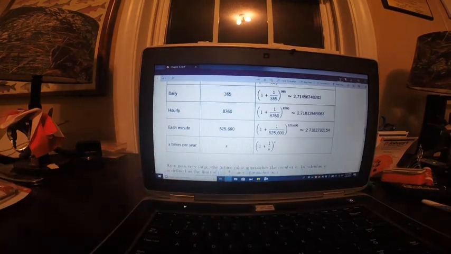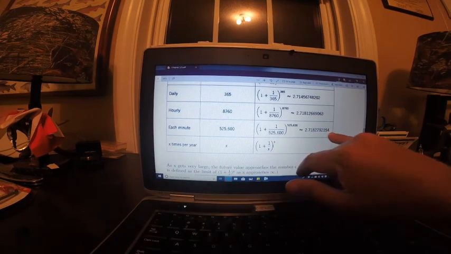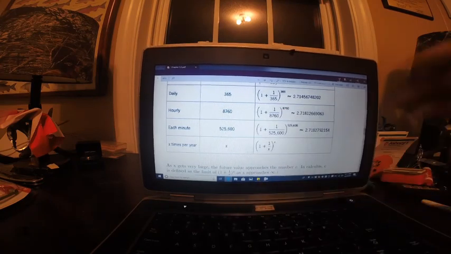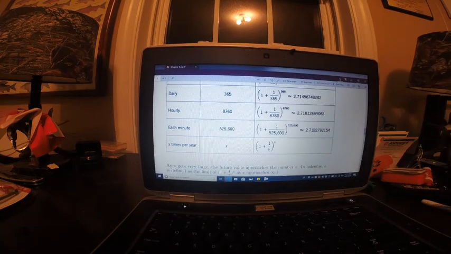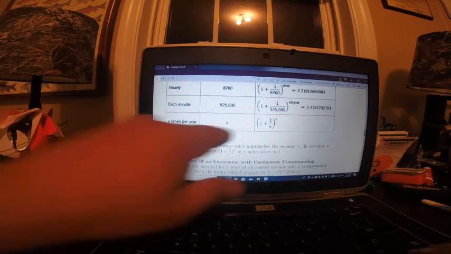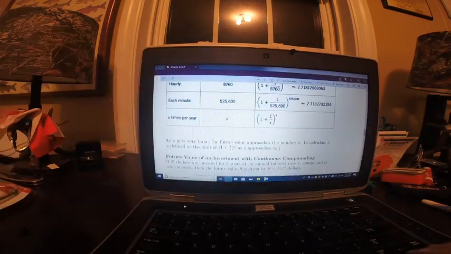So what you wind up getting is it basically settles out. Doesn't matter how large this gets. I won't say it stops increasing, because it does continue to increase, but it only increases to an extent. So we've got this formula where 1 plus 1 over x is raised to the x.